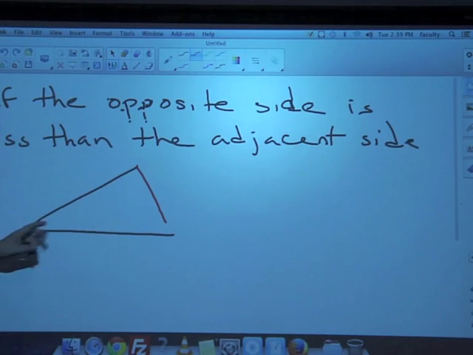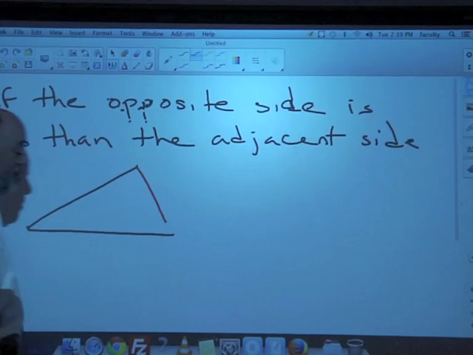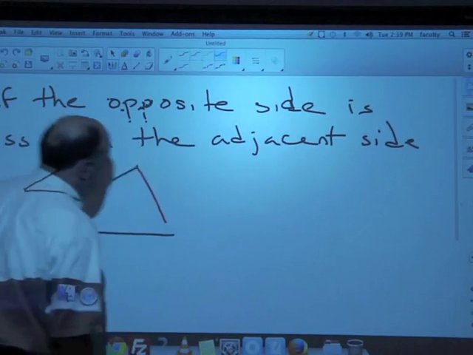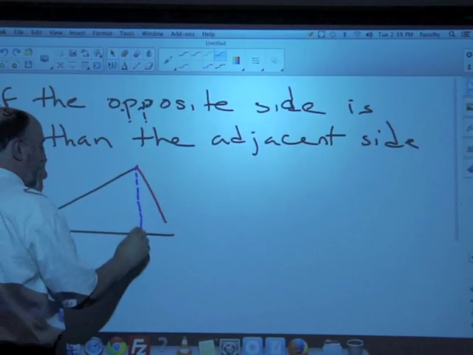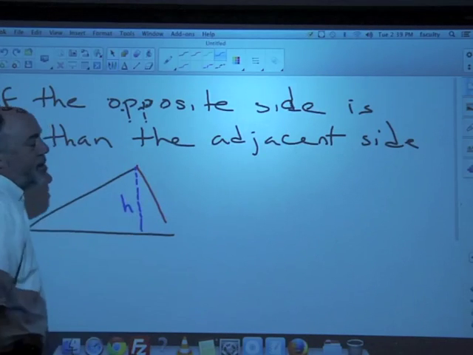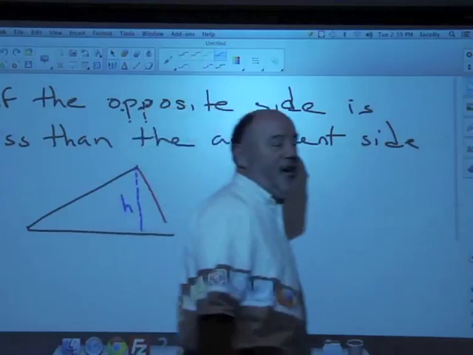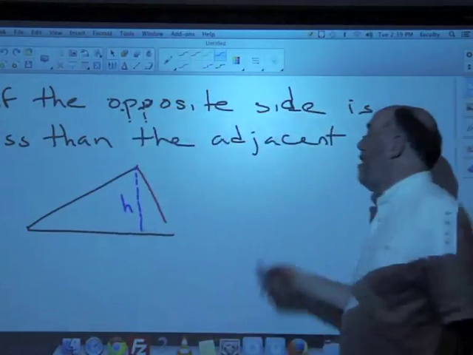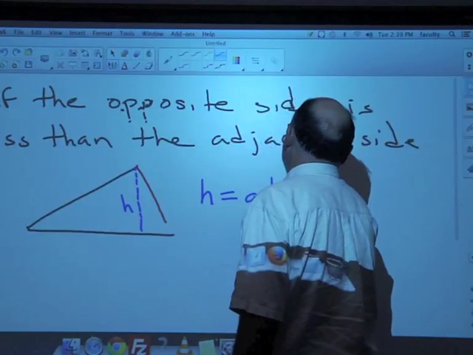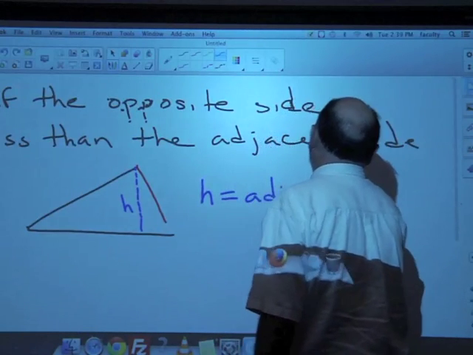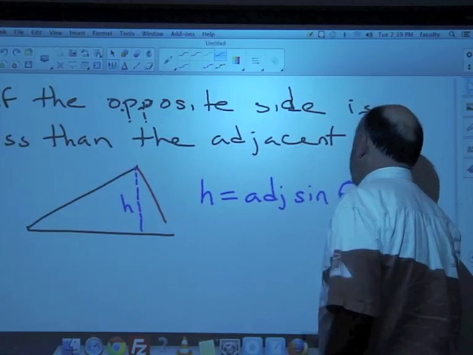So we're going to know this, this, and this. Okay? We're going to want to know the height of the triangle. And the height, h, is going to equal adjacent sine theta.